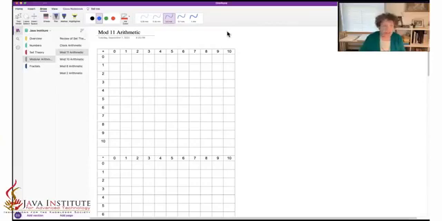So let's fill it in. Okay, 0 and 0 is 0. Mod 11 is going to have 11 numbers, but they're not going to go to 11 because we have the 0.